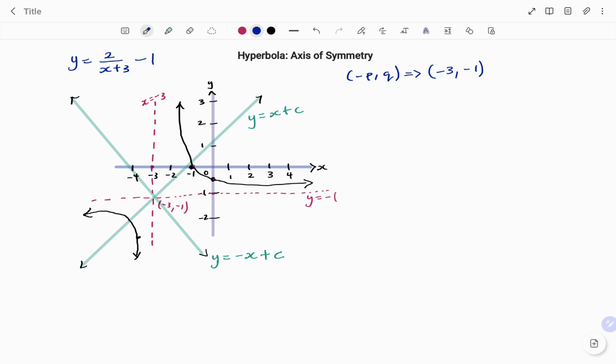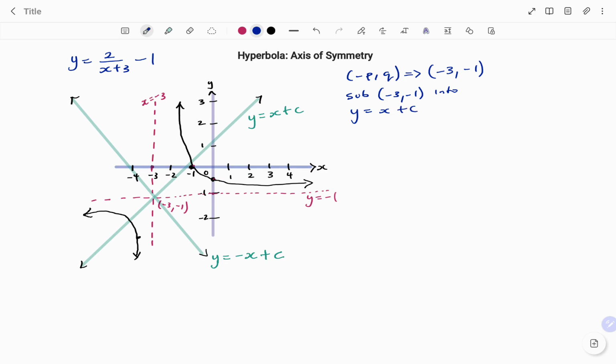So we substitute minus 3 and minus 1 into, we start with the positive axis, which is the one that has a positive gradient, y equals x plus c.